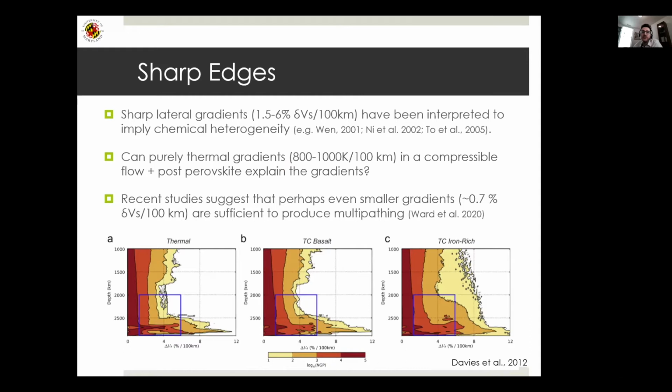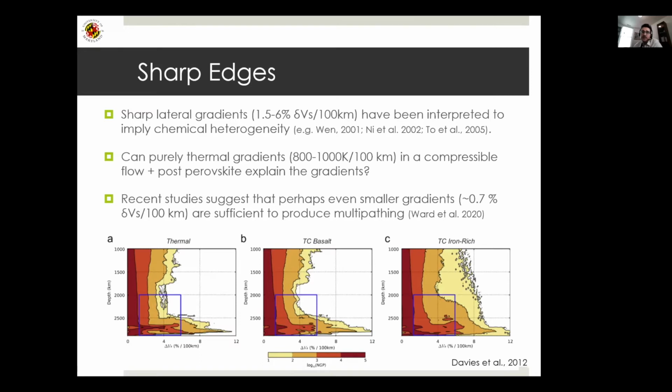And here by sharpness, we mean how much shear velocity changes in terms of percent per horizontal distance on, let's say, the core mantle boundary, if that's the region that we're studying. In the past, people have reported sharp lateral gradients on the order of between 1.5 and 6% change in shear wave speed per 100 kilometers.